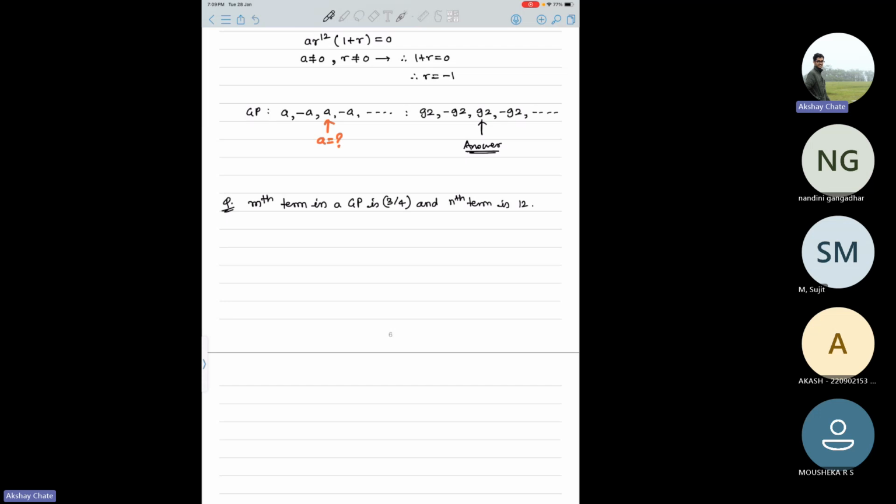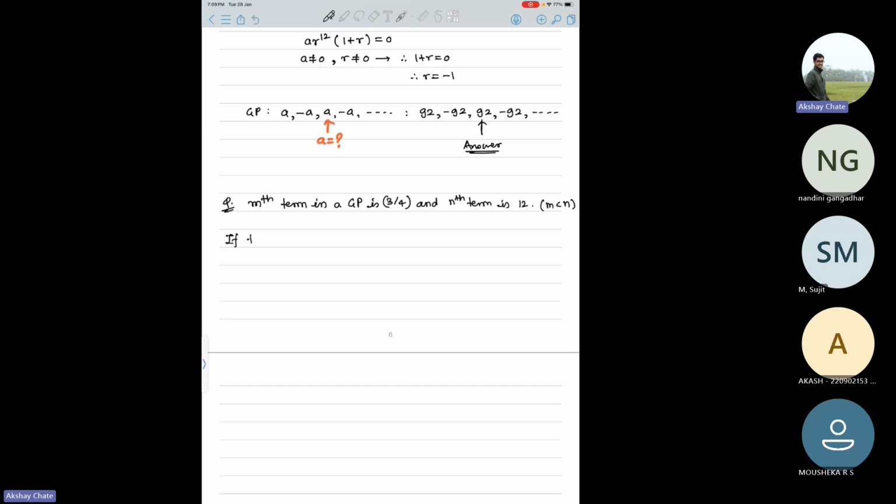They have not mentioned whether it's the first term, second term, third, whatever it is. m and n are unknown, and they have mentioned that m is smaller than n. So this mth term comes before the nth term. That much they have given.